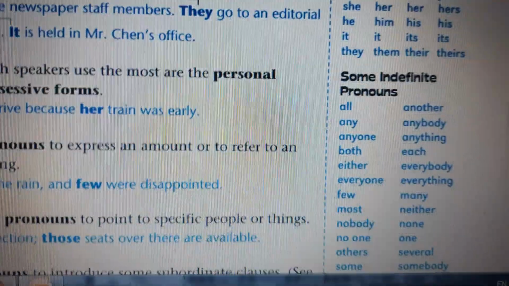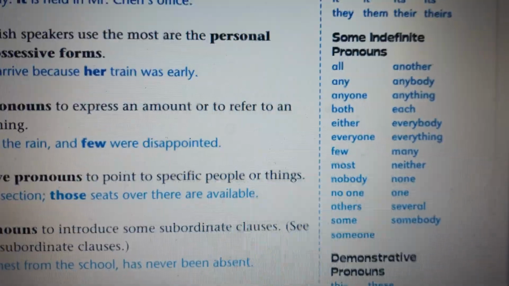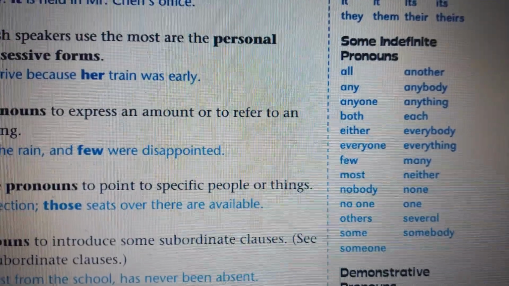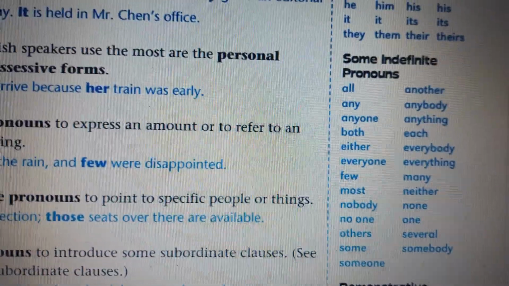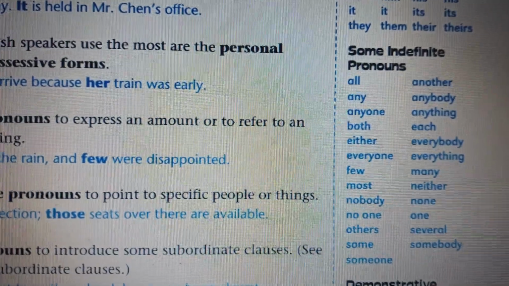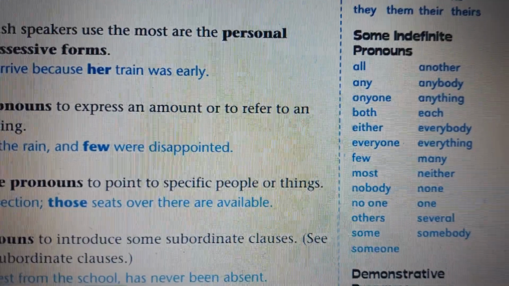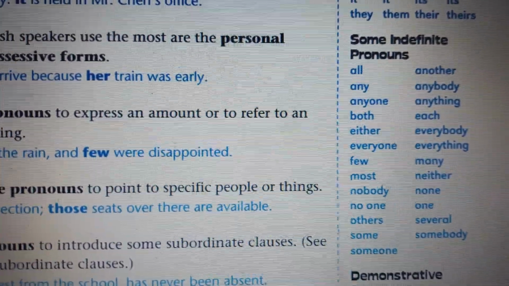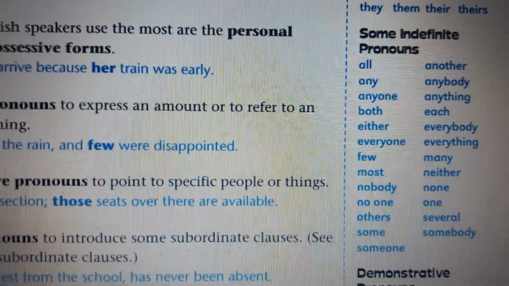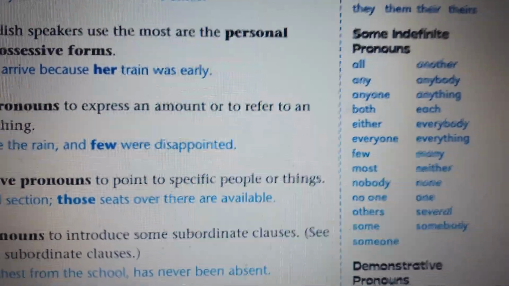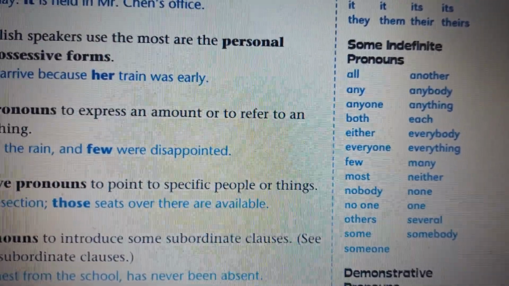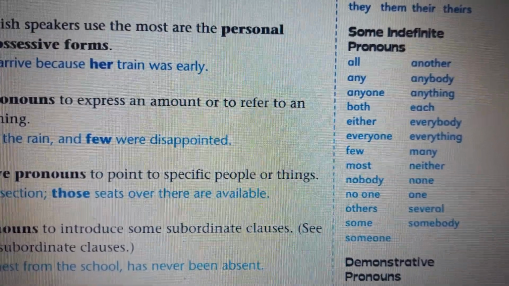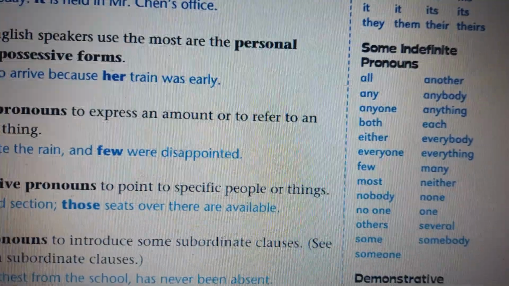here we have a different kind of pronoun. We have all, any, anyone, both, either, everyone, few, most, nobody, no one, others, some, someone, another, anybody, anything, each, everybody, everything, many, neither, none, one, several, somebody.